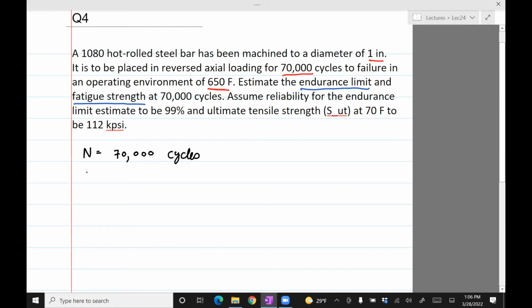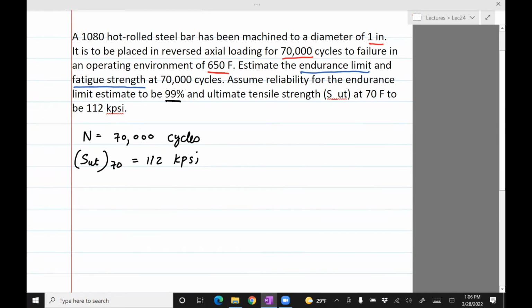We're given SUT, and that is at 70 degrees, which is the room temperature. It's 112 kpsi. We're given the reliability, which will somehow factor into the endurance calculation. And we are asked to compute the endurance limit, SE, and fatigue strength. Fatigue strength is SF.